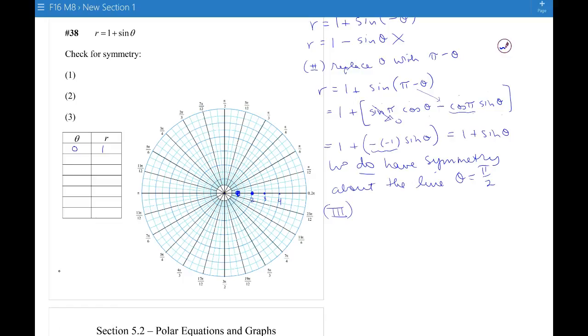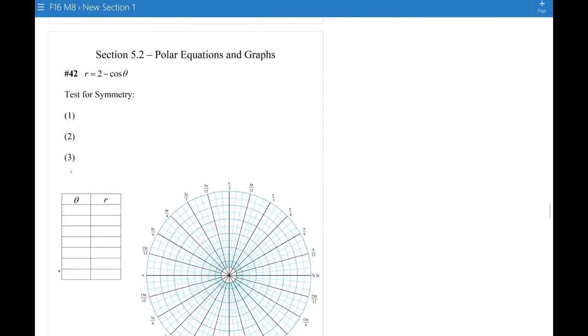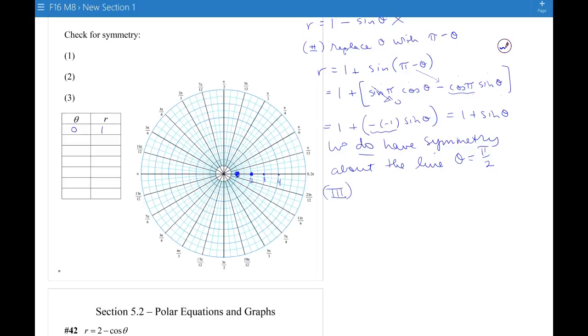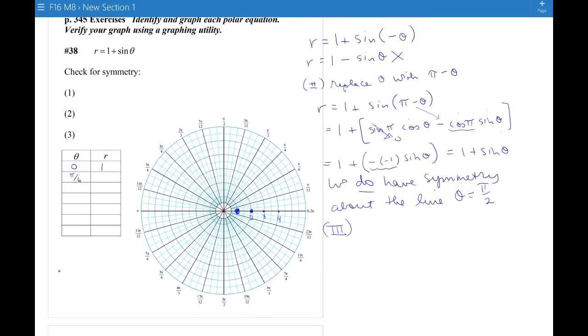Okay, then we have a sine, so let's use pi over 6. So when theta is pi over 6, we get r equals 1 plus sine of theta is a half, so 3 halves. This is another reason to make the scale bigger, because it's easier to graph halves.